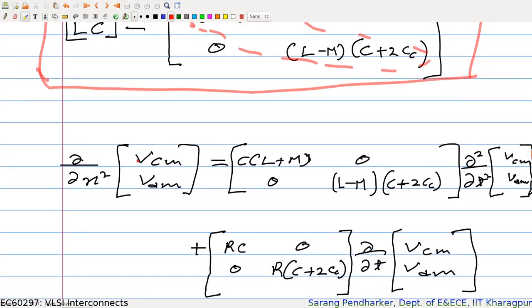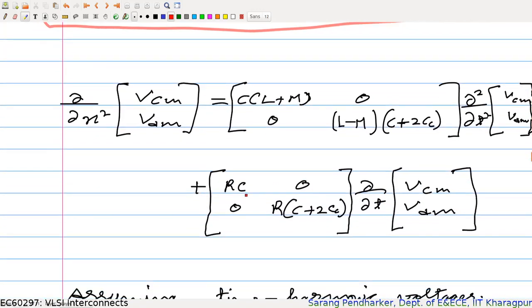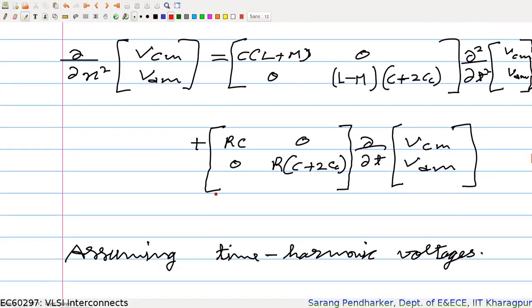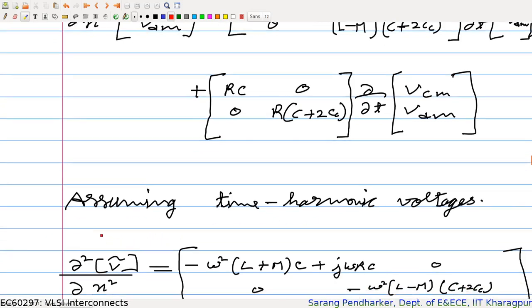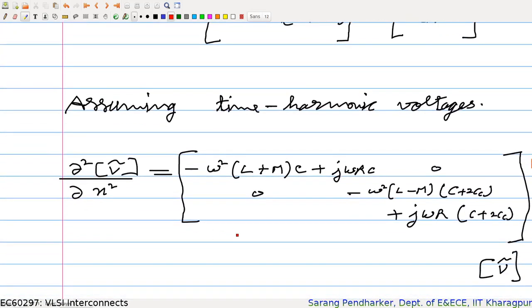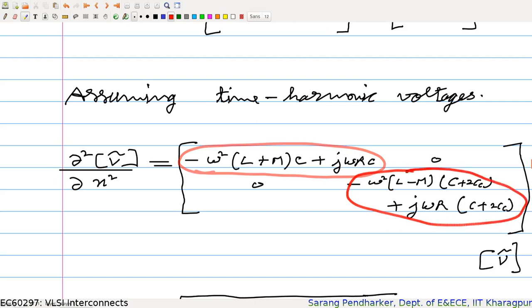And now if you write the differential equation for these diagonalized matrices, you can see that they are decoupled. If you assume a time harmonic solution, you will get a matrix equation like this. Note that this is one diagonal term, this is the second diagonal term. Off diagonal terms are 0.